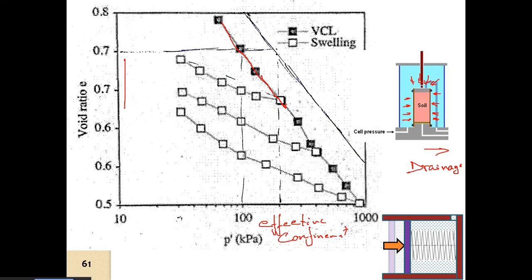So void ratio is getting decreased. If we do not allow drainage, obviously there will be only increase in the pore water pressure and the point will remain exactly the same. So there will be no change in the effective stress.